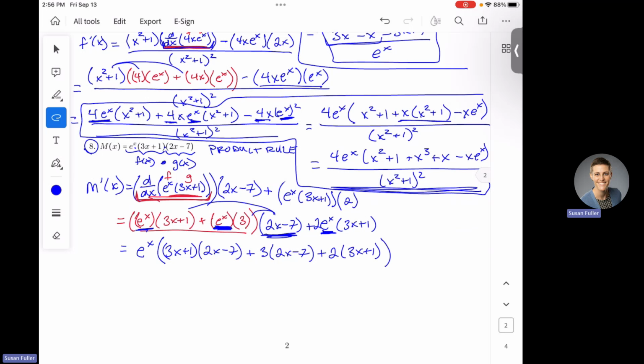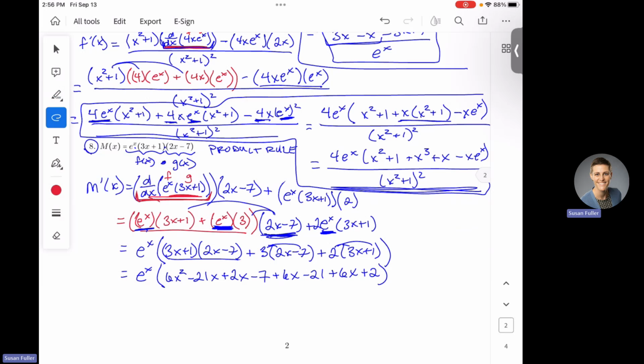And then from here, all of this is polynomials. So we can just go ahead and rock through all of the distributions. So I'm going to FOIL this. 6x squared minus 21x plus 2x minus 7. I'll distribute the 3 plus 6x minus 21. I'll distribute my 2 plus 6x plus 2.